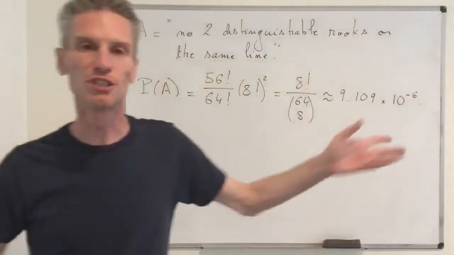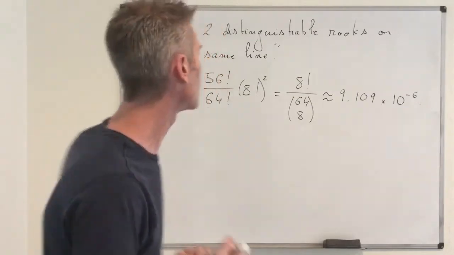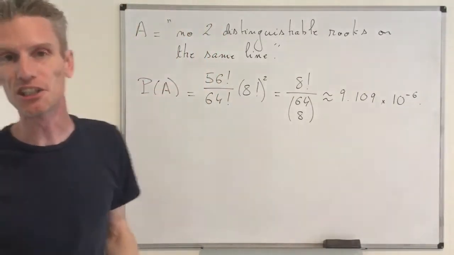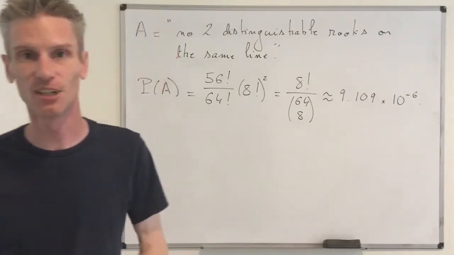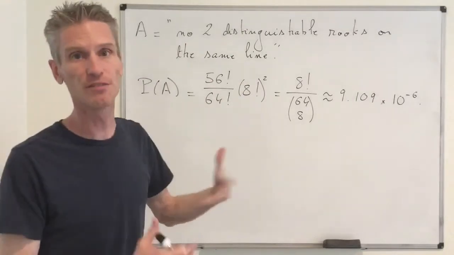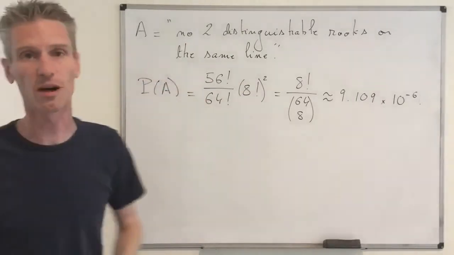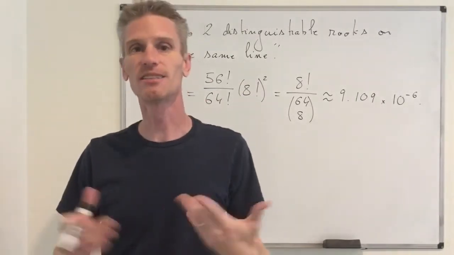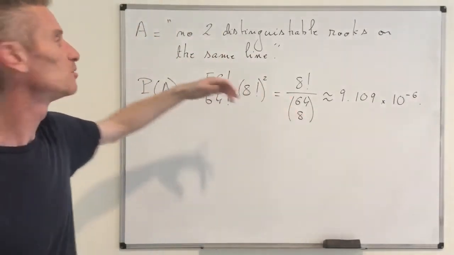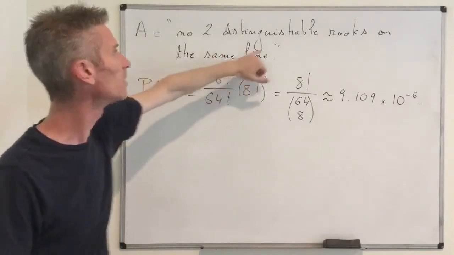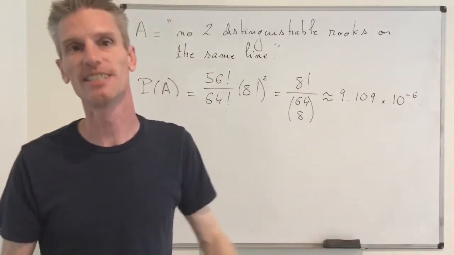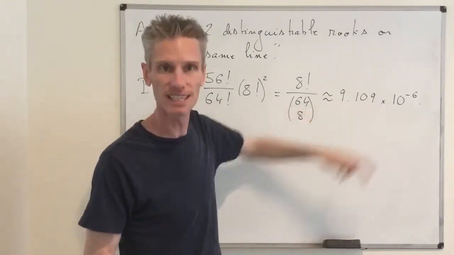So to write what we just saw in equation, now I'm going to introduce another event that I'm going to call B. Even if in fact the fact that rooks are distinguishable or identical does not affect the probability of the event A, just to convince you, I'm going to give another name to this event, but in the context where the rooks are identical, and you will see that the counting we just did gives us the exact same answer.